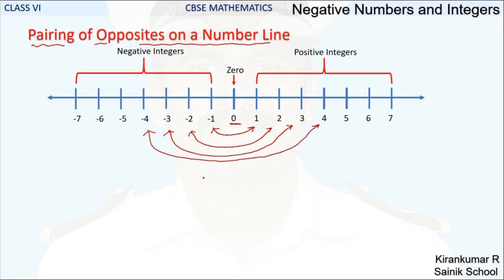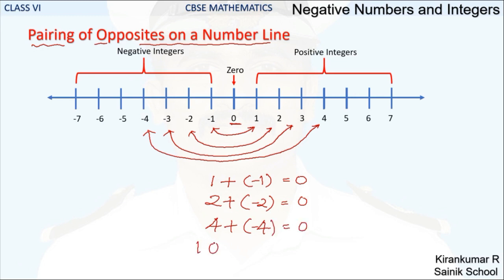When I say these pairs are opposite to each other, I mean the combination will lead to 0. 2 added to -2 leads to 0. 4 added to -4 leads to 0.